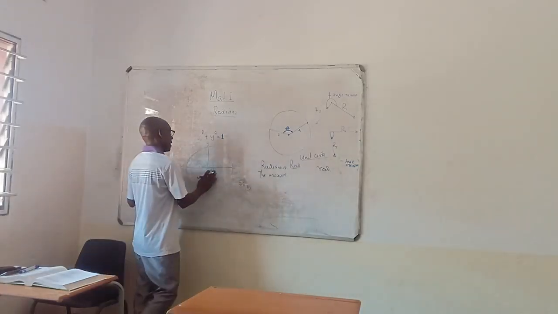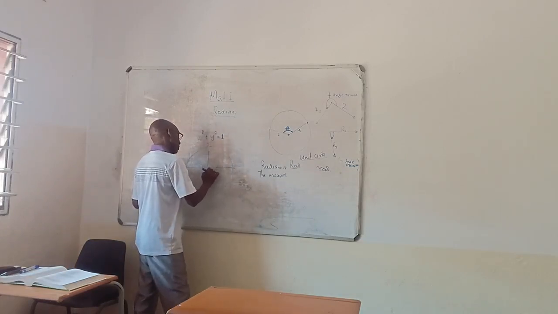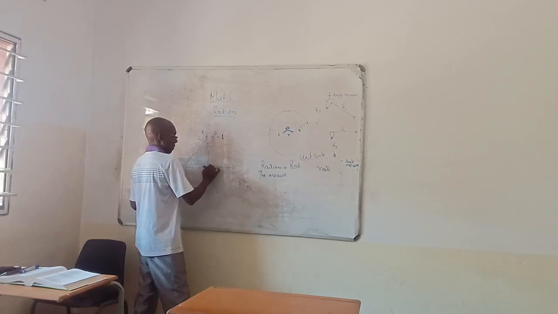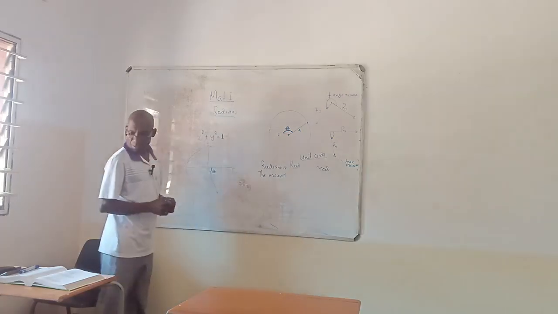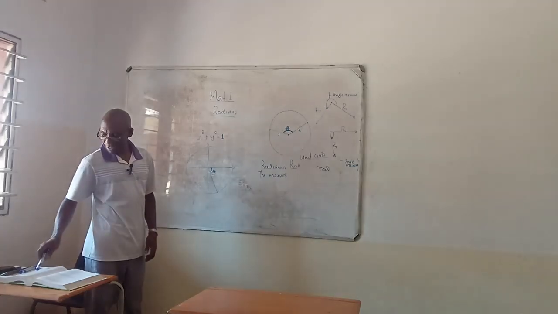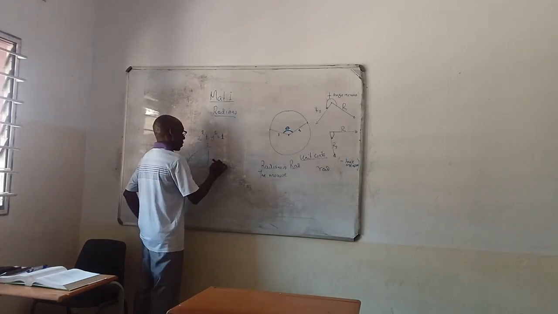Now, if I am to draw something like this, this is the theta here. That is our theta. If you look at this one, this is a standard position. Here it is 1.